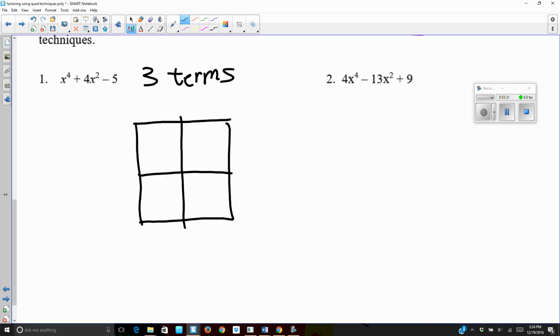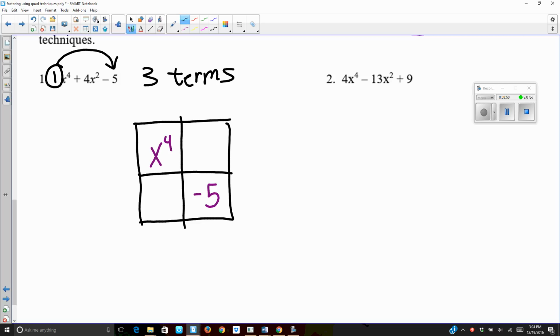This is, for the most part, pretty similar to what we've done in class already. There is a slight difference though. The first term is x to the 4th. It goes in the first box. -5 is the last term. It goes in the last box. You take the first number, you multiply it by the last number.